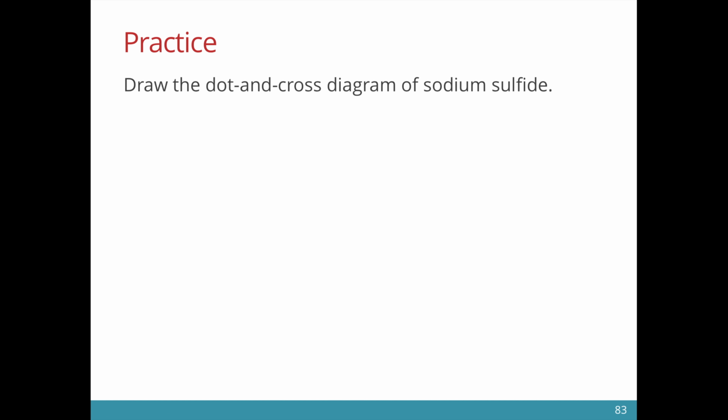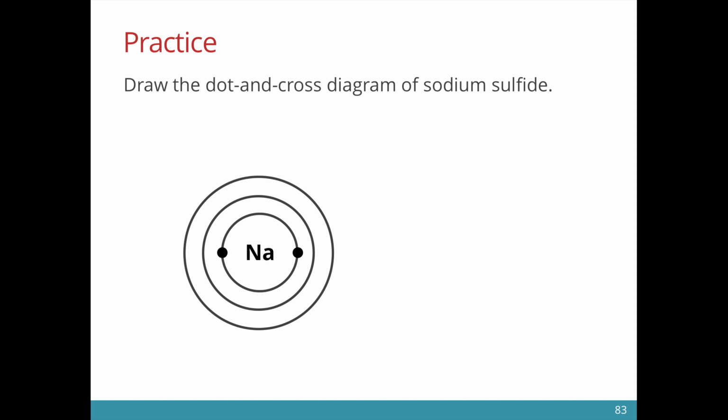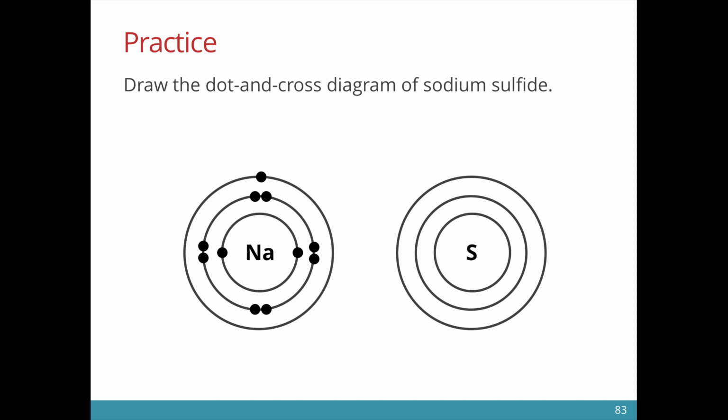One more example, sodium sulfide. Starting with sodium, let's put in the electrons, 2, 8, 1. Sodium has 1 valence electron. Sulfur has 6 valence electrons.